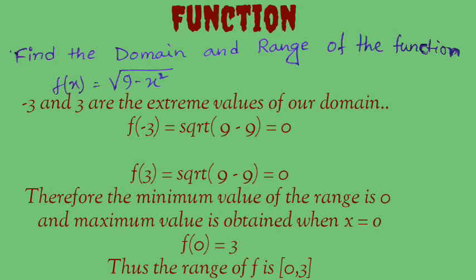And the functional value at x equals 0 is f of 0 equals 3. Thus all other functional values will lie between 0 and 3, closed interval 0, 3. Therefore the range of the given function is the closed interval 0, 3.